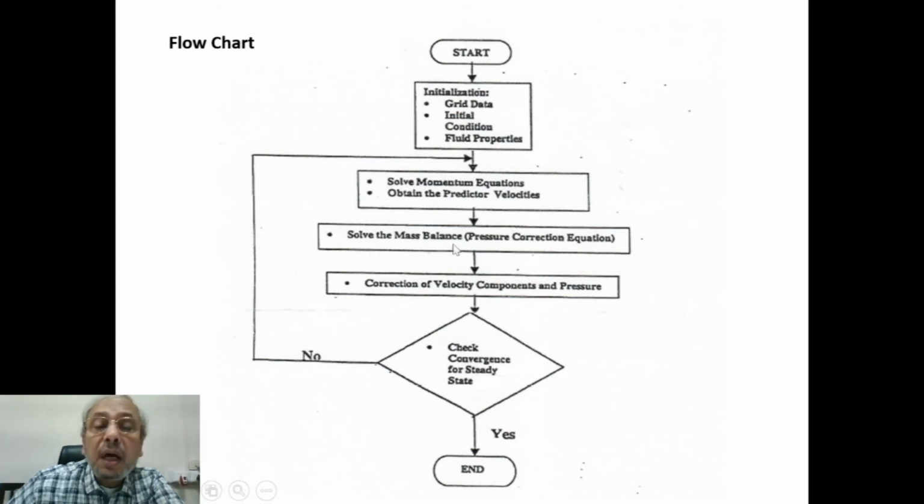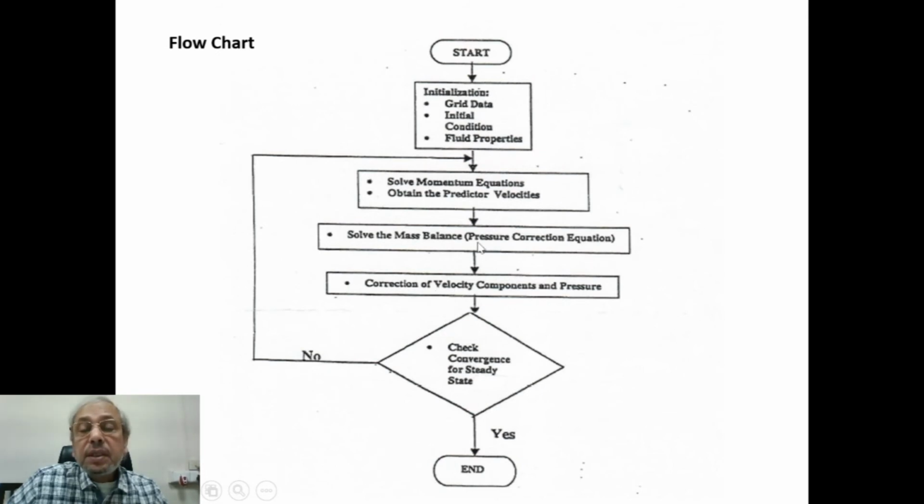Then we solve the mass balance and try to comply with zero mass divergence in each cell, and also we correct the pressure, so that we evolve from nth level to n+1th level with correct pressure and correct velocities at level n+1.